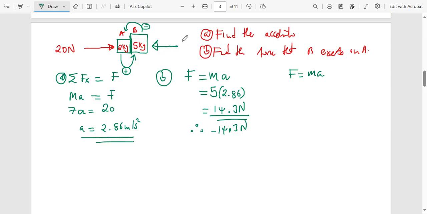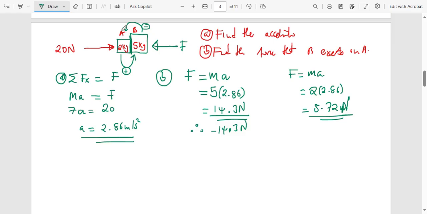So if we apply the force in this direction, the mass that we are pushing is the 2 kg object. The acceleration would still be the same 2.86. So this would be 2 times 2.86, which gives us 5.72 newtons. So this would have been the force that B is exerting on A.